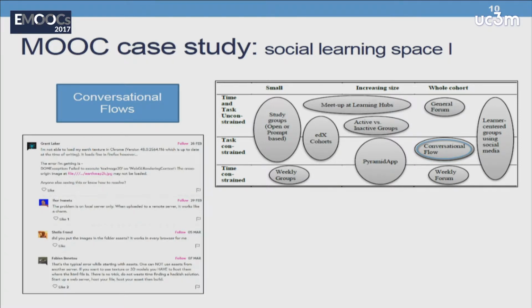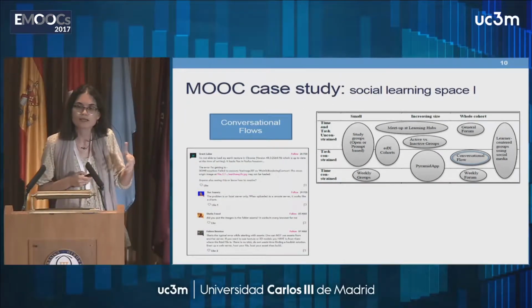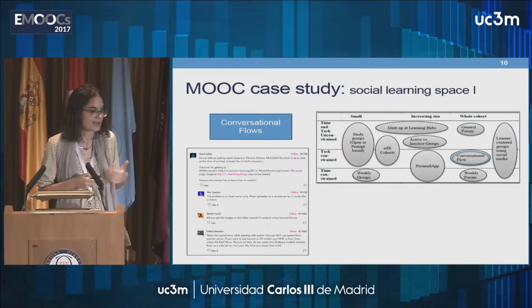The conversational flow is associated with that particular video or activity, therefore it is task constrained, okay? But it can be used at any moment of the MOOC, independently of when the participant is tackling that particular step.